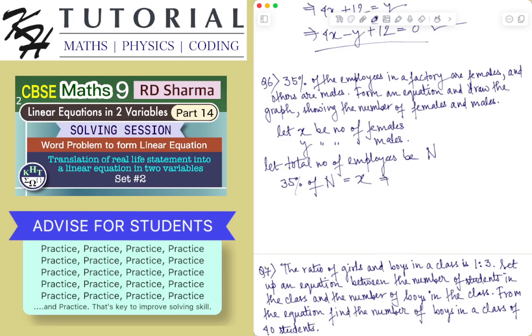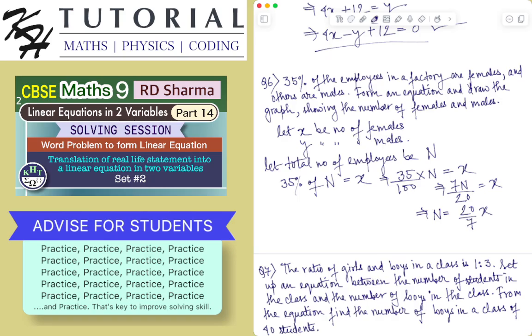This implies 35 by 100 multiplied by N is equal to x. After simplifying 35 by 100, it will be 7N by 20 is equal to x. So this implies N is equal to 20 by 7 x.